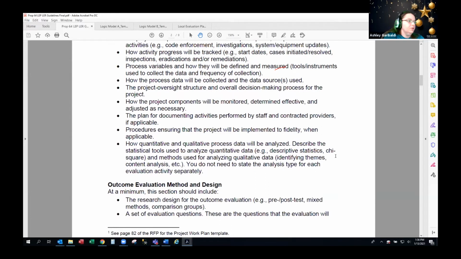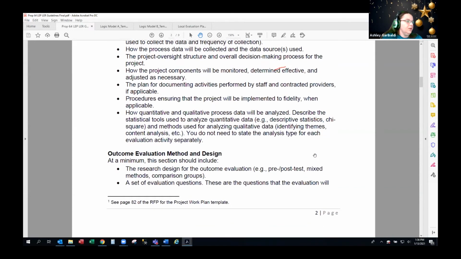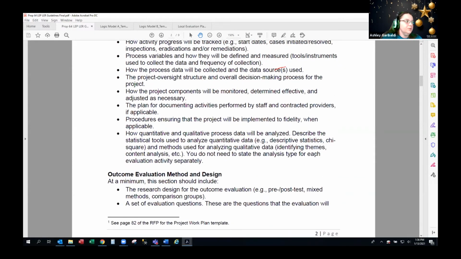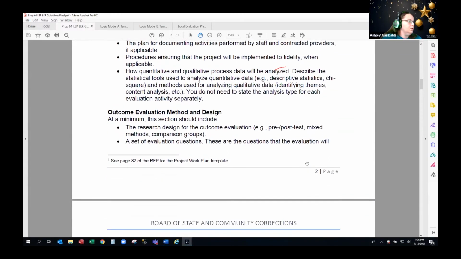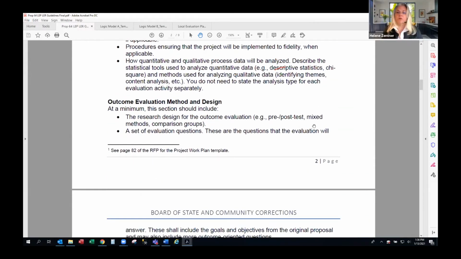Sometimes you don't realize until it's too late that maybe that process or method isn't feasible, and we're hoping to avoid that. Does anybody have any questions about the process evaluations? Go ahead and open up your mics if you want to ask those questions right now. There's none in the chat currently.